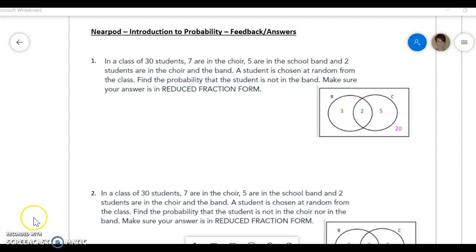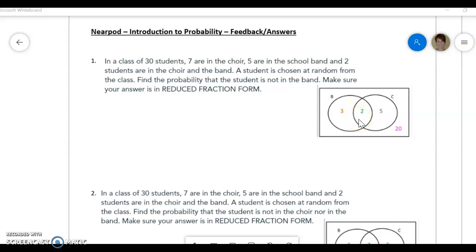So if you'll notice, there are 20 students that are not in choir, nor are they in band. And then we have 10 represented inside of our circles. So that's the first thing I'd like you to look at. So we have 7 that are in choir because 5 plus 2 is 7. We have 3 plus 2, 5 are in the band, and then 2 are in both. So this is where we call the overlap.